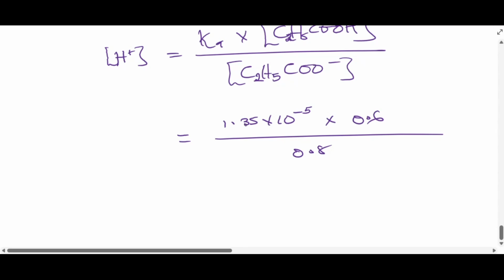If you do the calculation, you're going to get 1.01 times 10 to the power of minus 5 mole per dm cube. So that is the concentration of the hydrogen ion.